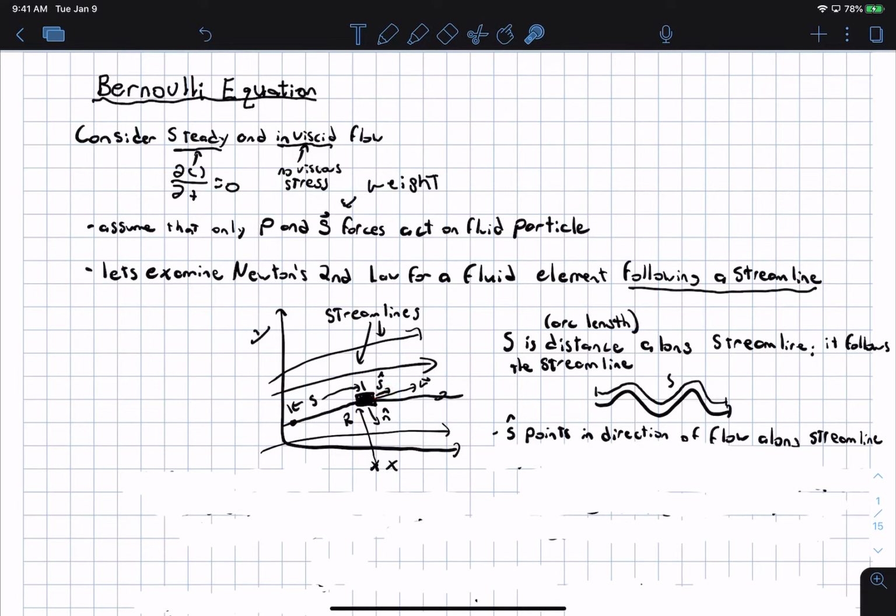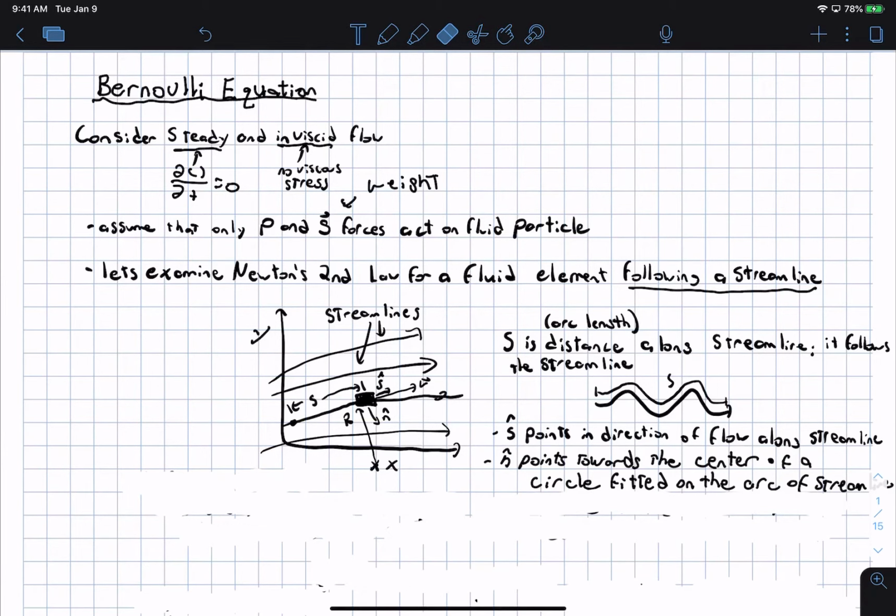But also the streamlines are curved, so there is a normal direction, and we're going to define n hat as pointing towards the center of a circle that is fitted onto the streamline.